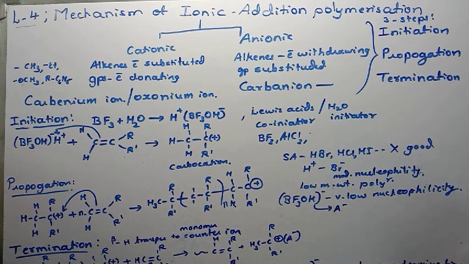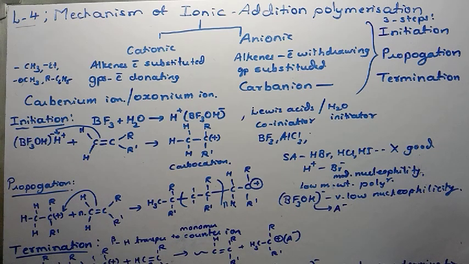The first point is that ionic polymerization is very selective. That means not every monomer can be polymerized by the ionic polymerization method. Only those alkenes which have substituted groups on the carbon of the double bond can undergo ionic addition polymerization.